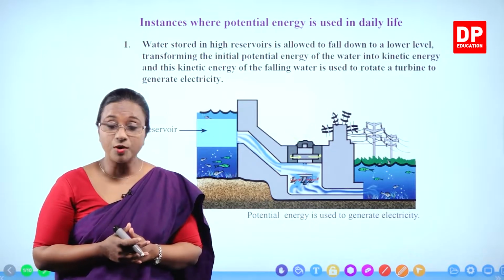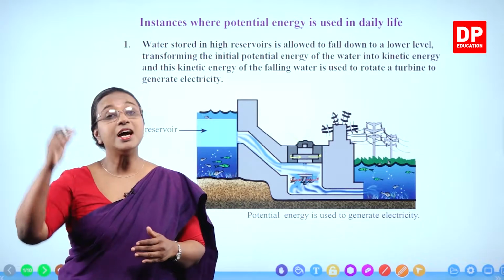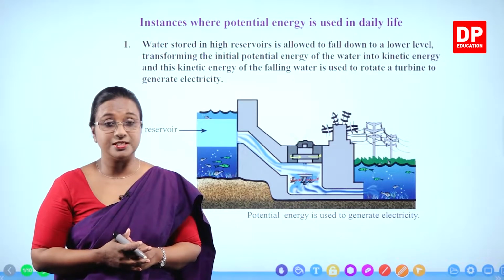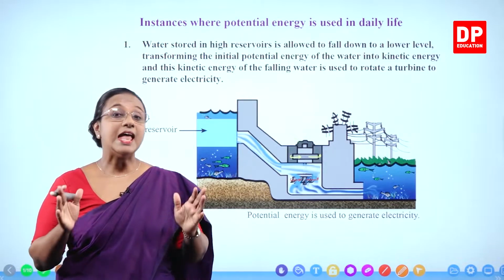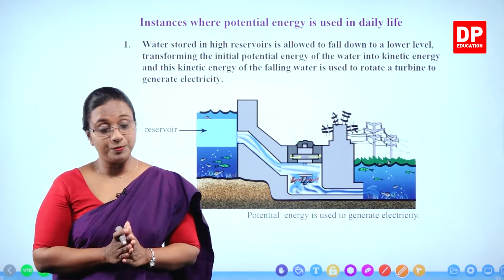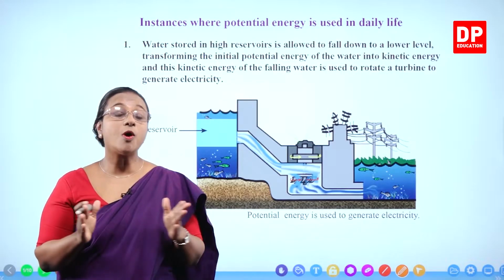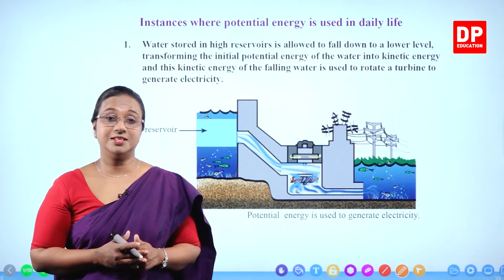M is the mass of the object, g is gravitational acceleration and h is the height at which the object is or the height to which the object is lifted. And there we said the work is done against the gravitational pull. So because of that, we call that potential energy as the gravitational potential energy.